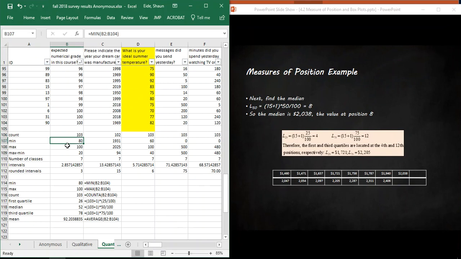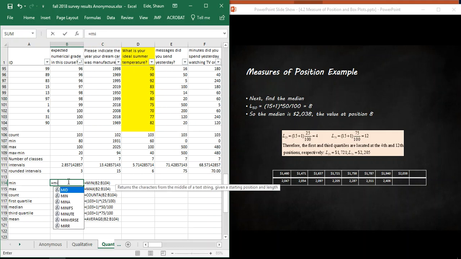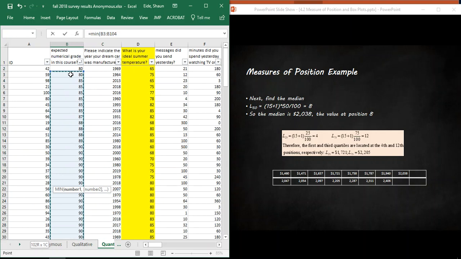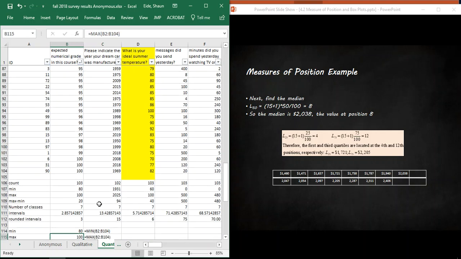Okay, after we sort from smallest to largest, what we're going to do is find the minimum first and then we'll find the maximum. So in order to find the minimum, here's the formula right here, but you do equals min parentheses and then you highlight the data that you want to determine the minimum for.